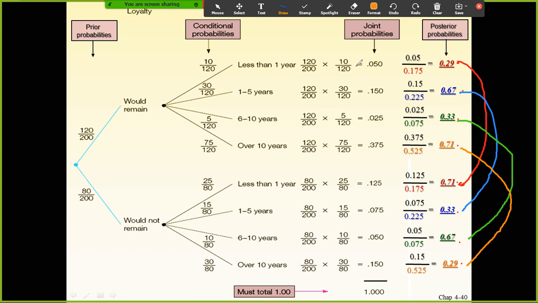Red for less than 1 year, you say yes. Red less than 1 year, say no. If you want to find a posterior probability, I say yes, you say yes divided by together. Together is always equal to 1. So this is what we call posterior probability, extended from, or continued from, joint probability.